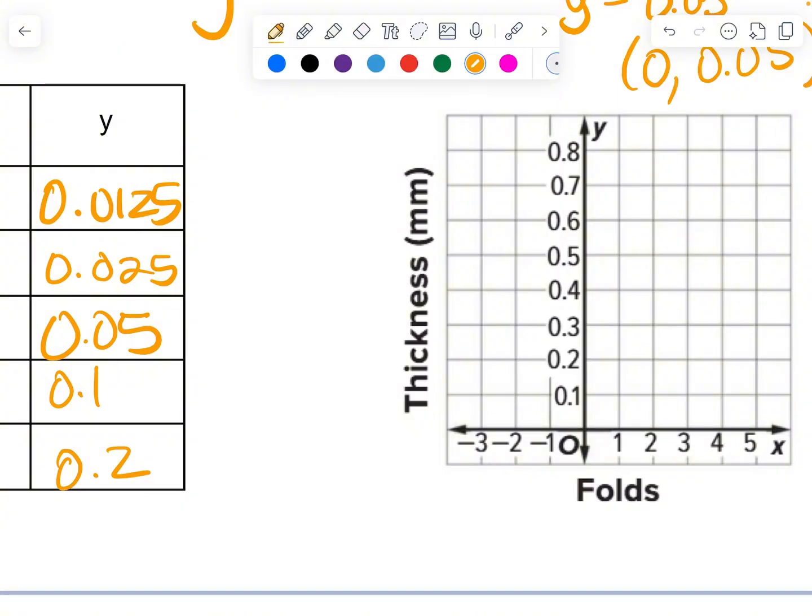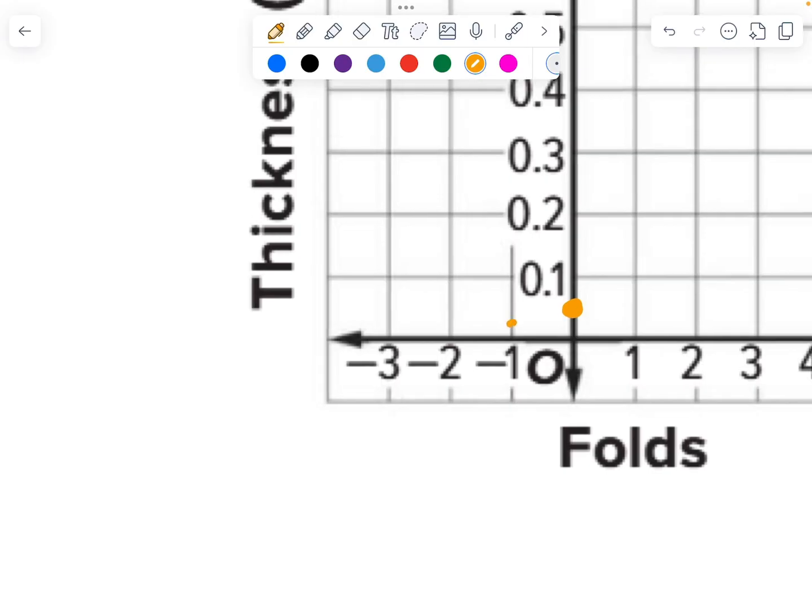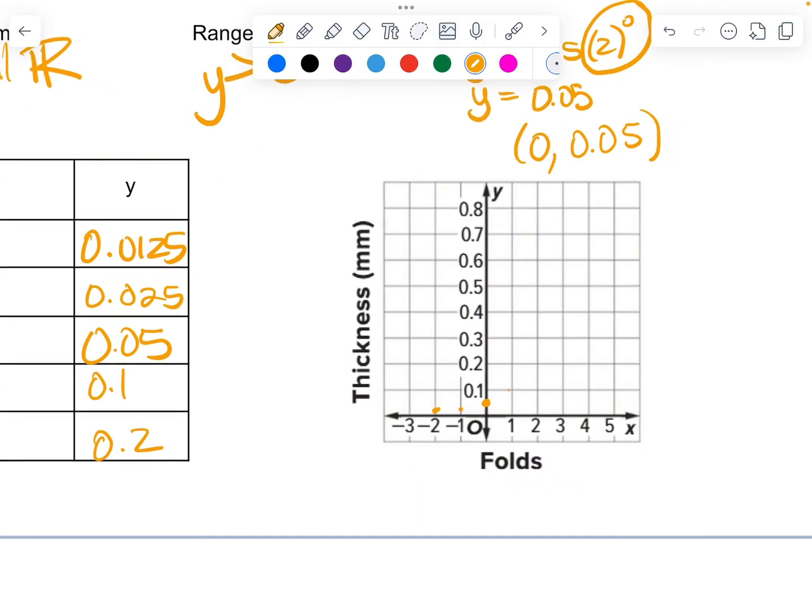This is way down here. It's going to hit, oh, no, that's still too close. So my y-intercept is going to be here. So that means I need to make it even smaller. See how it's getting super duper close, but it's not actually touching. 1 and 2. So it's going to look like this. Okay?